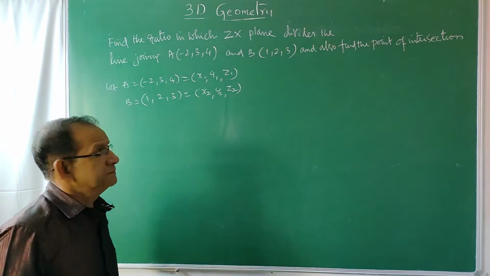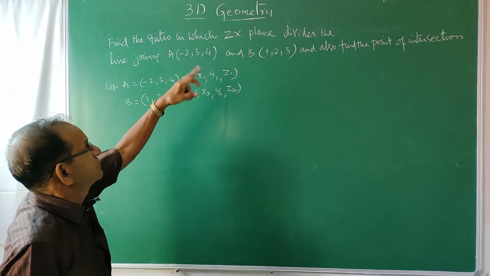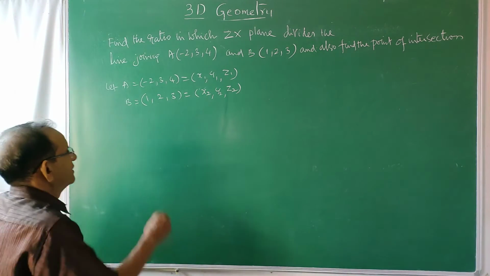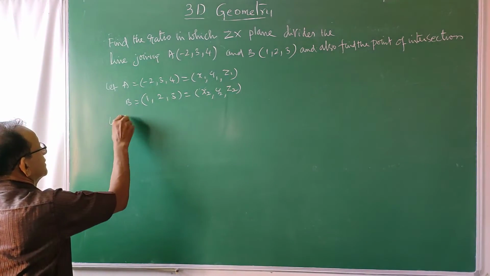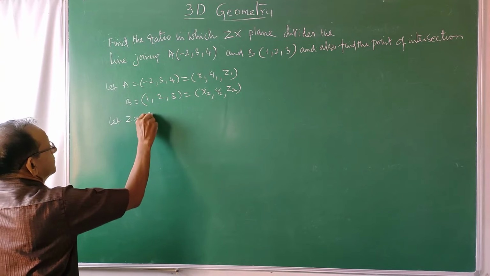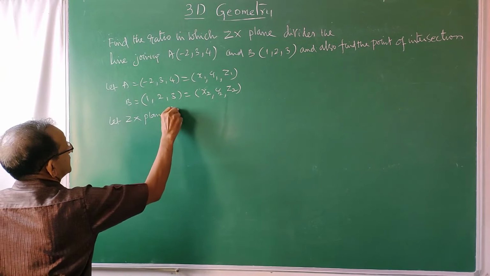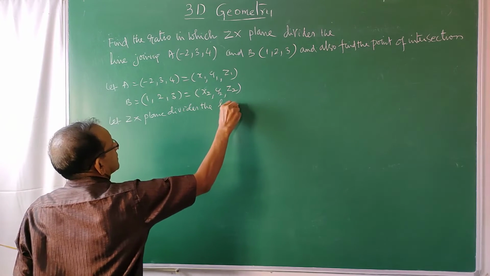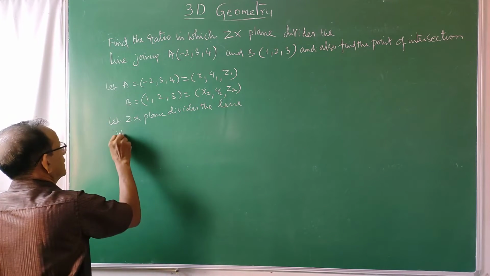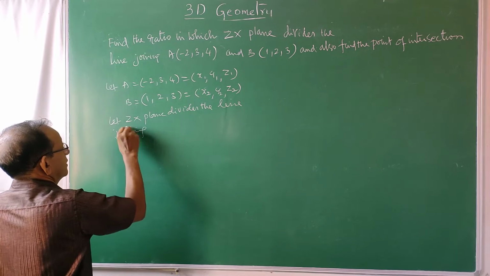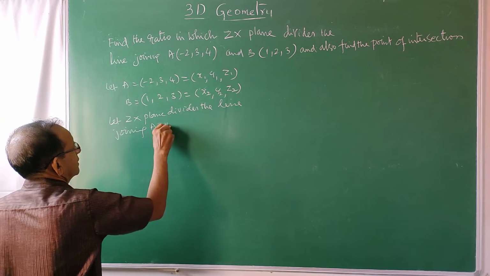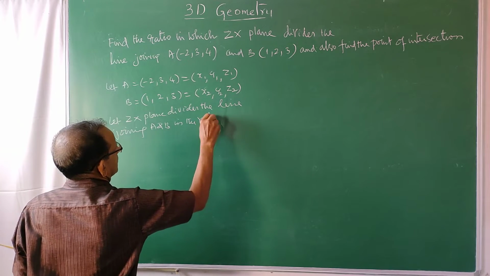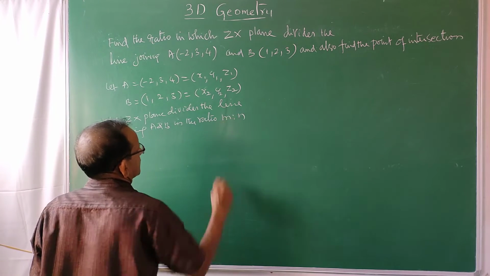Now let us assume that the ZX plane divides the line joining A and B in the ratio m is to n.